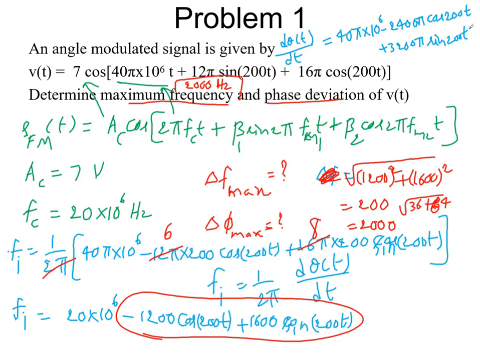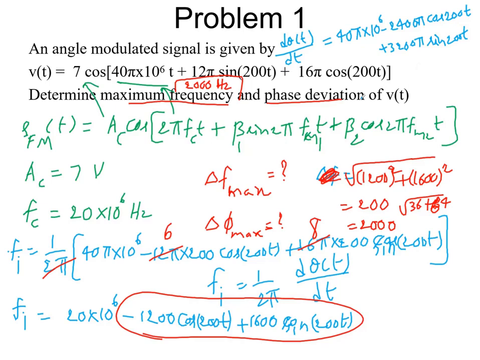Now if you want to find the maximum of this, you know that this is 40 pi into 10 power 6. What will be the maximum of these two? If you simplify, you will get the maximum phase deviation.